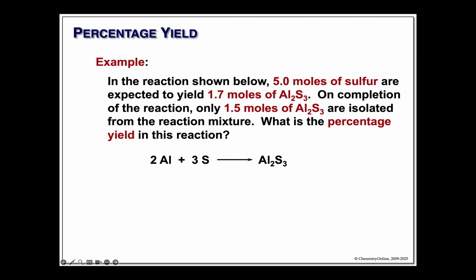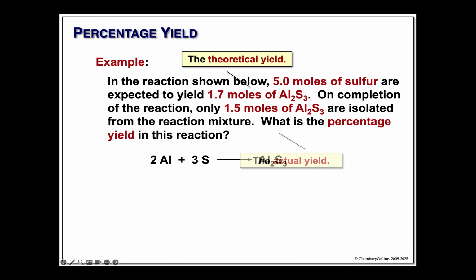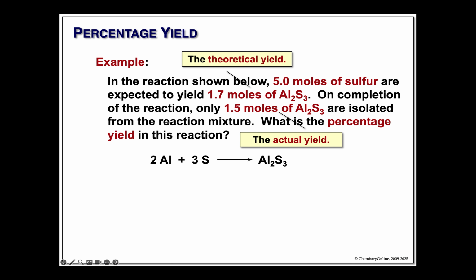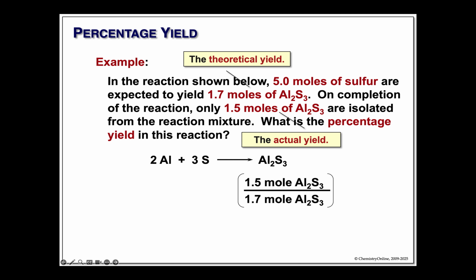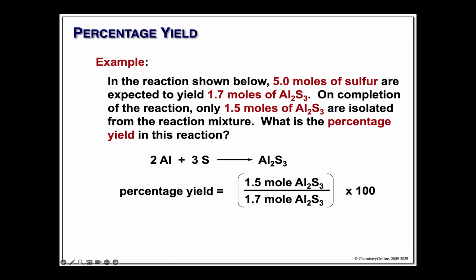What is the percentage yield? Well, theoretical yield was 1.7, actual was 1.5. Actual divided by theoretical times 100. This went in 88%.